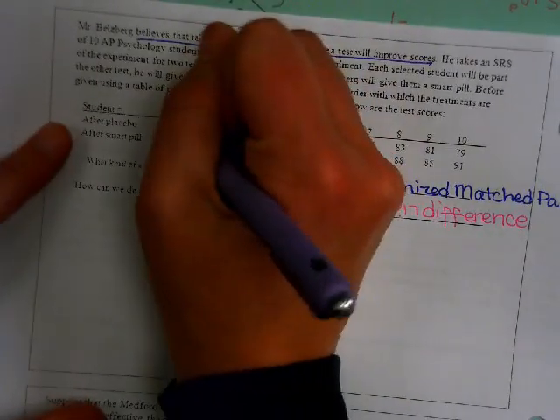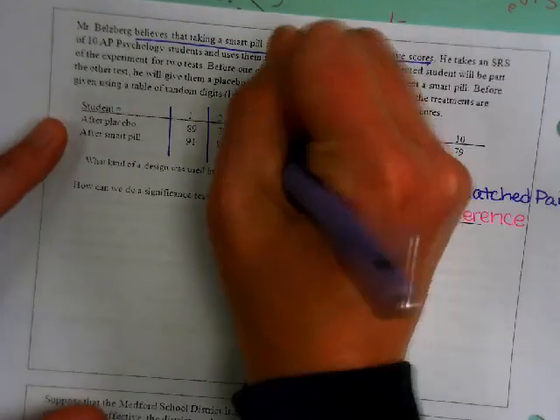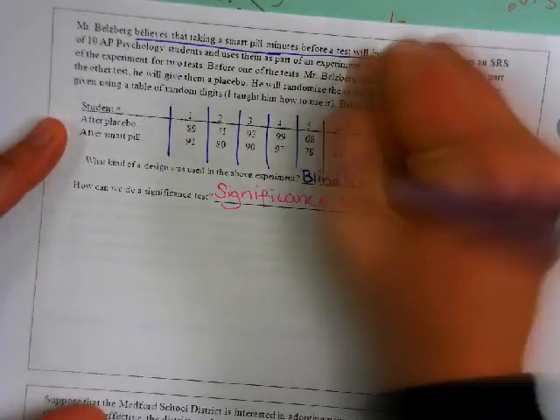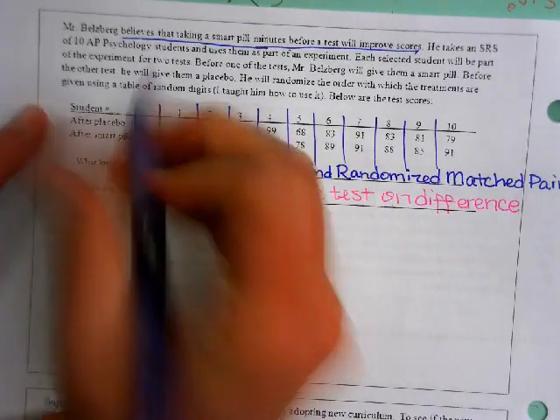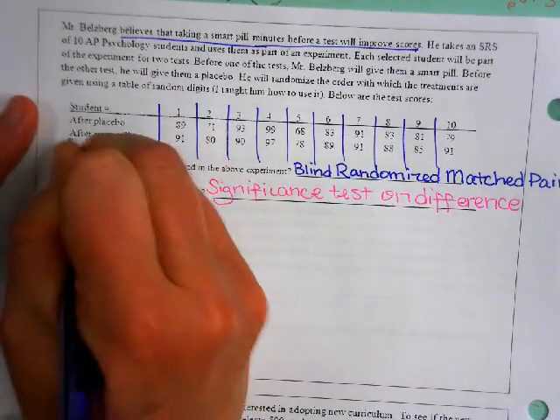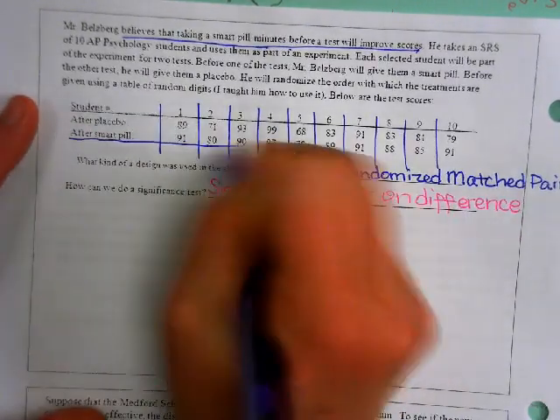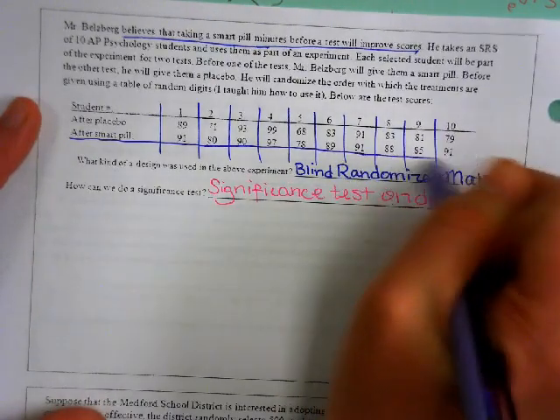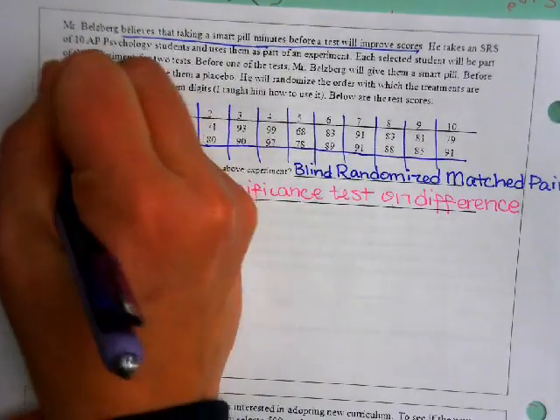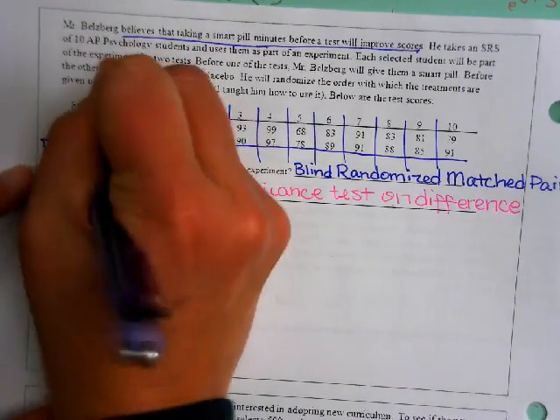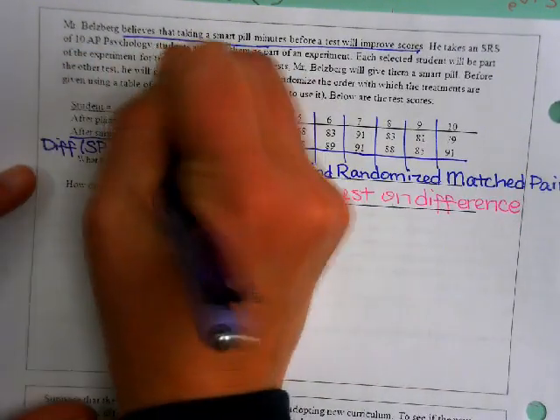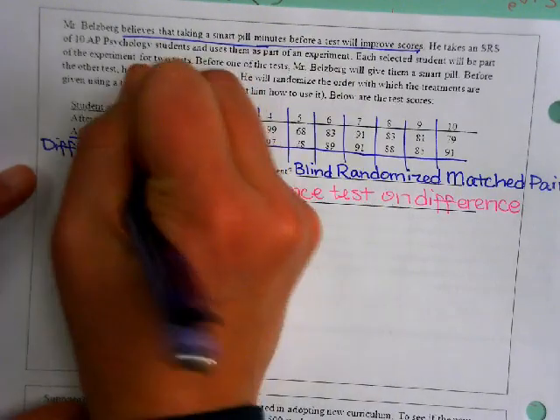I'm going to draw lines in between each student so that hopefully it's a little more clear which student had which difference. And then our difference, we're going to do smart pill SP minus placebo PL.